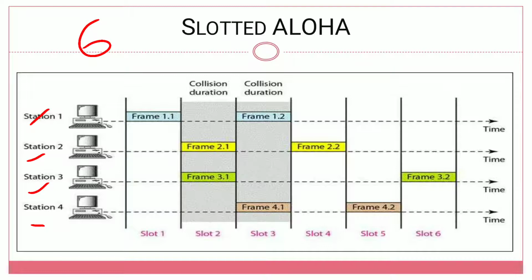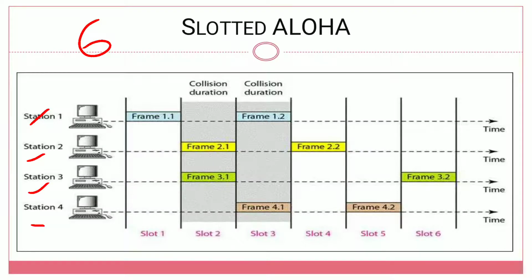Those slots are slot 1, slot 2, slot 3, 4, 5 and 6. So there are 6 slots and 4 stations. By using the same channel, the 4 stations want to transmit data. Here in slot 1, if you consider the diagram, only station 1 starts transmitting the frame, that is frame 1.1.